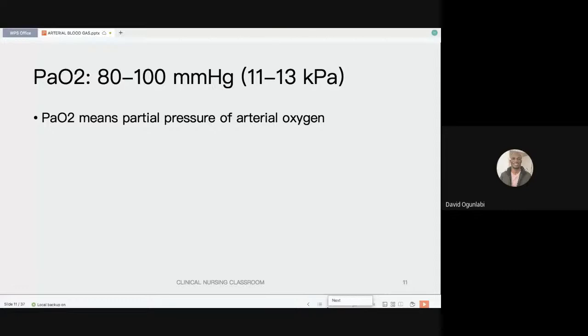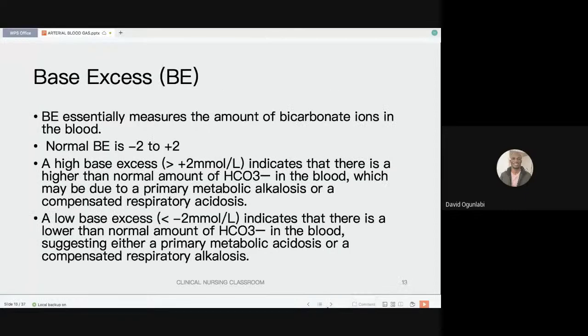Let's go on. Now, base excess. Base excess essentially measures the amount of bicarbonate ions in the blood. Okay, the normal level is between -2 to +2. So anything below -2 shows that there is a very low level of bicarbonate. When you hear base excess, it gives you a rough estimate of the bicarbonate ions in the blood.